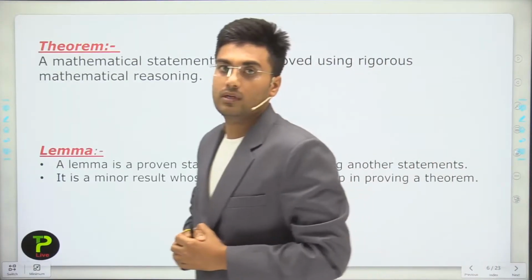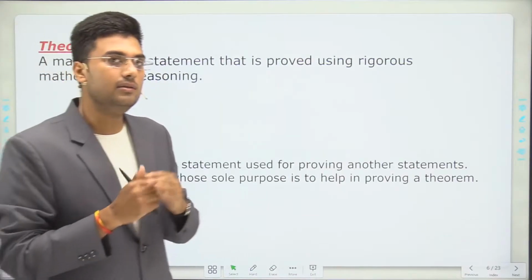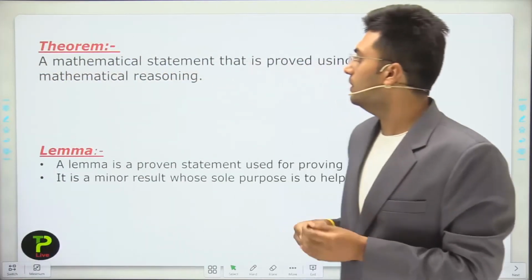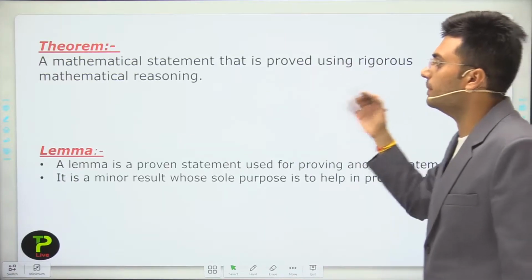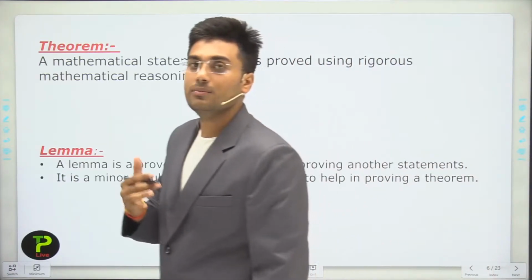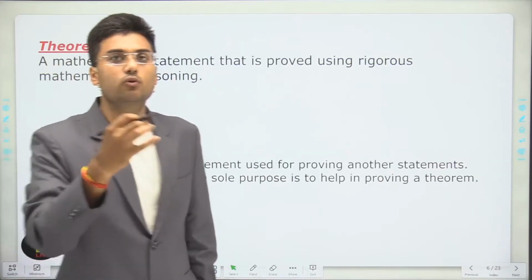Now, the next is theorem. What are theorems? A theorem is a mathematical statement that is proved using rigorous mathematical reasoning. A theorem is a statement which we are required to prove. Okay.